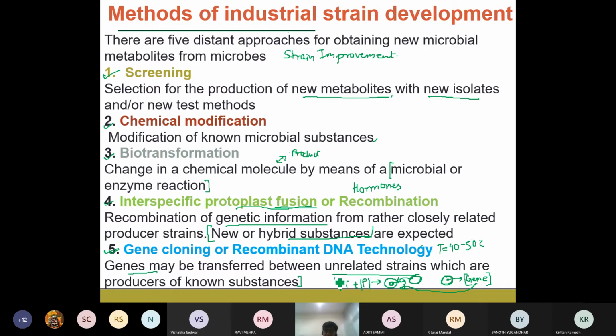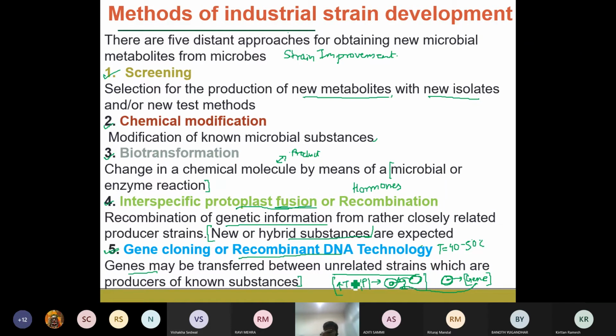So this is a very general technique which is used. We will see each and every experimental step of how these modifications are done. These are generally done through gene cloning or rDNA technology, the recombinant DNA technology, and this is one example of temperature.